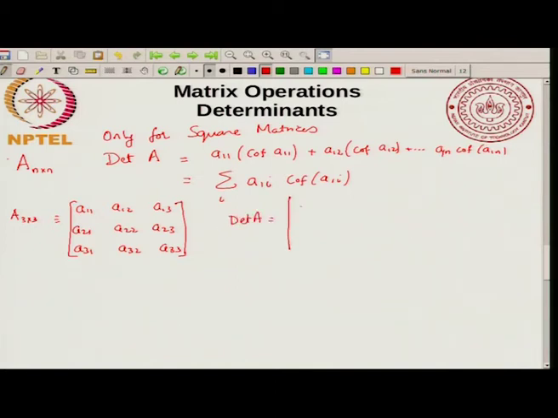is denoted by the same matrix with straight lines instead of these square brackets.